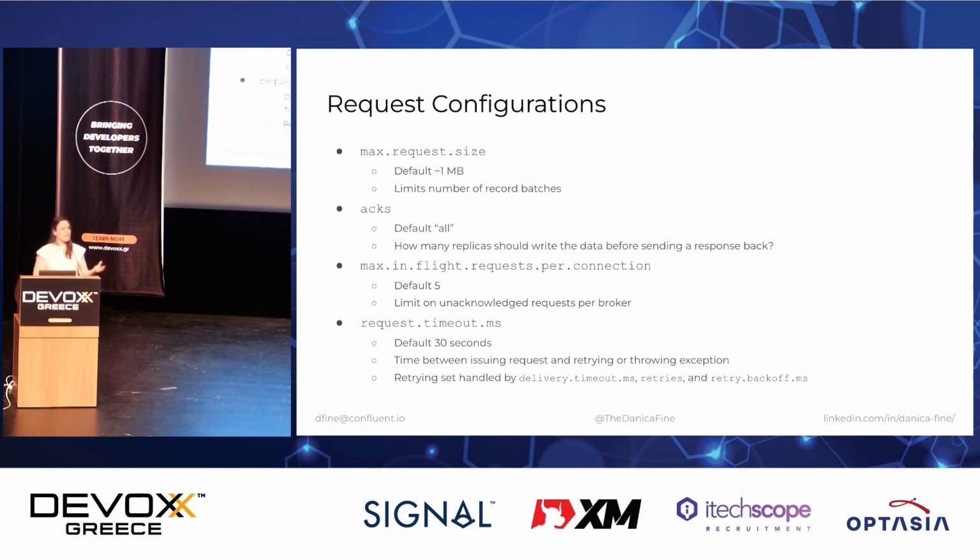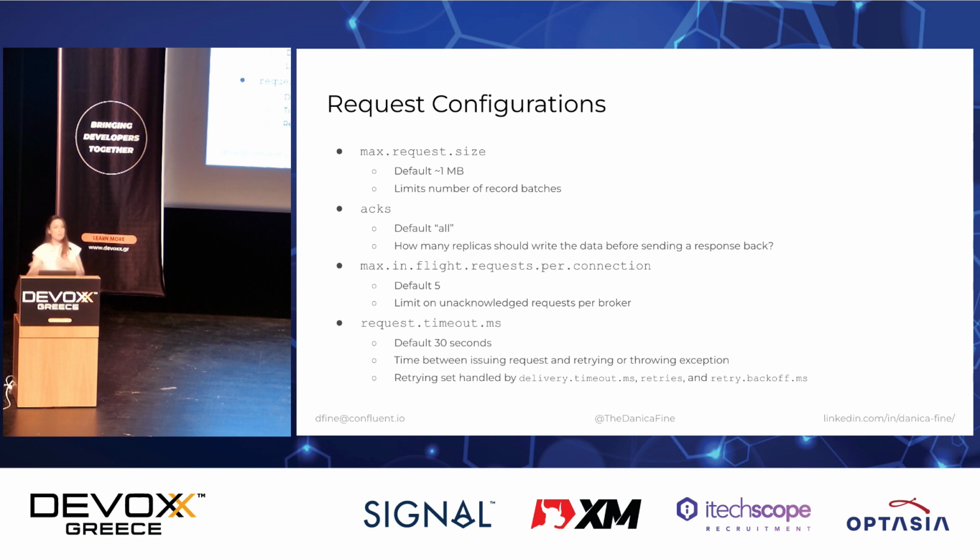So what acks does is it answers the question: how many replicas should we write the data to successfully before we tell the producer that this is done? It's been written, right? The default is all of them, right? All of our replicas, all of our copies should say, I have this data, before we return to the producer. But if you don't care and you want to throw caution to the wind, absolutely, do 0 or 1. You're free to do that. So once these requests are actually sent, max in-flight requests per connection comes into play.